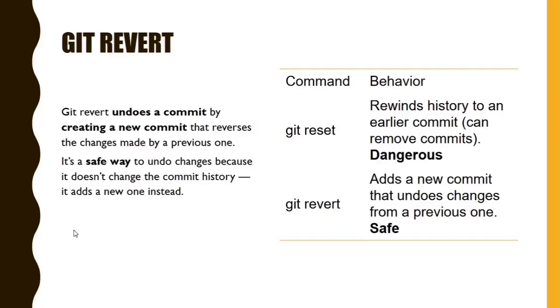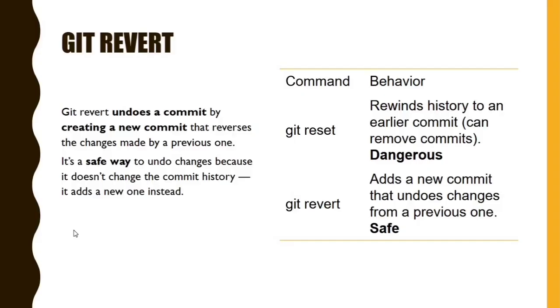Git Revert doesn't delete anything. Instead, it creates a new commit that undoes the changes from the previous commit. It's just like saying, hey Git, I messed up back there and let's fix it, by keeping the history. This way, your project history stays safe and keeps moving forward.